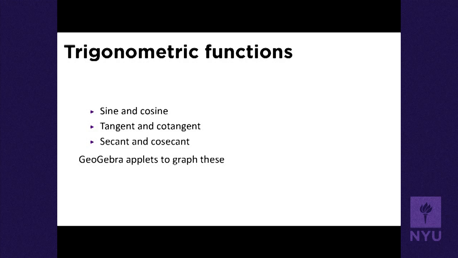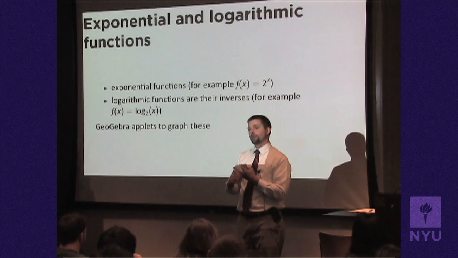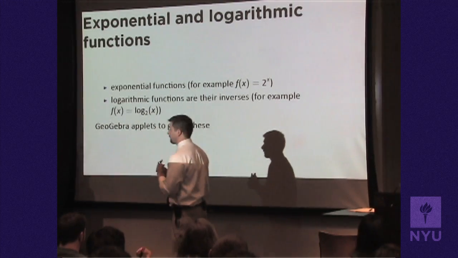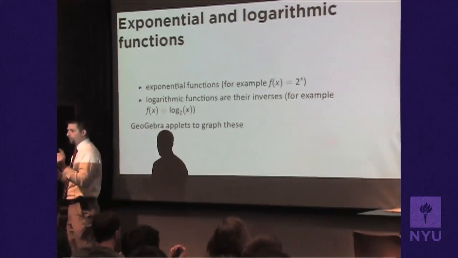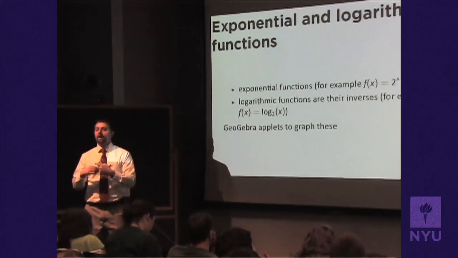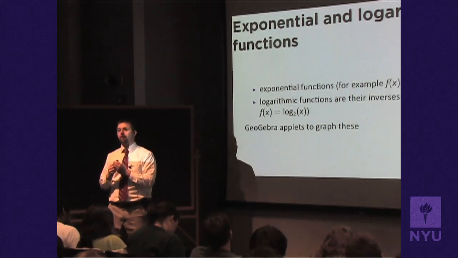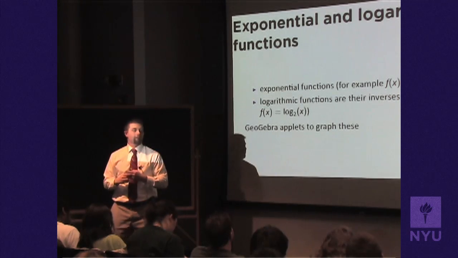Exponential and logarithmic functions, we have a whole chapter about the exponentials and logarithmics, but it's good to talk about them just a little bit before we go. An exponential function is a constant to the power of the variable. So in contrast to a power function like x squared, an exponential function would be 2 to the x. And there's a big difference between taking a larger number to a constant power and a constant to a larger power.